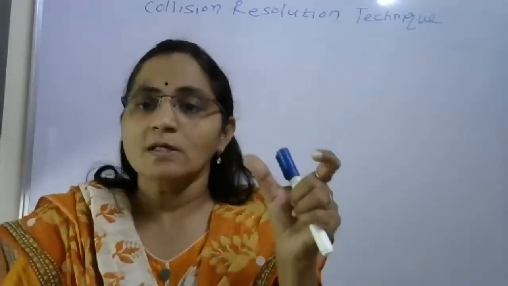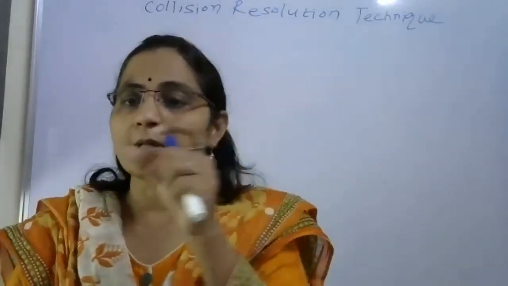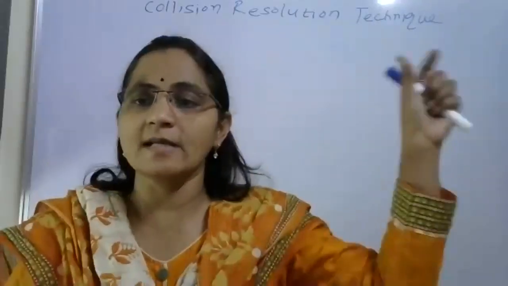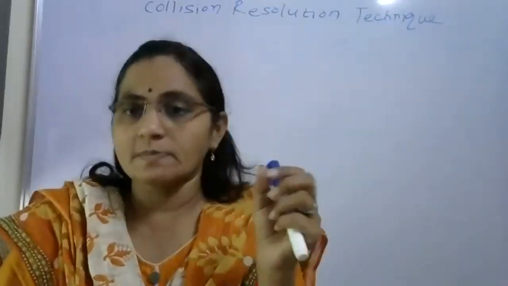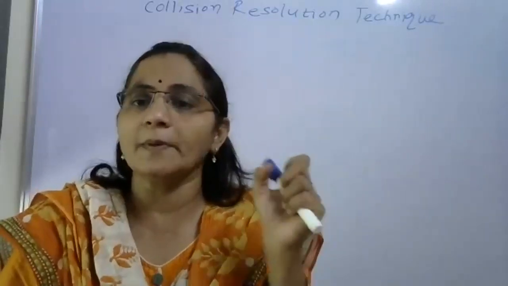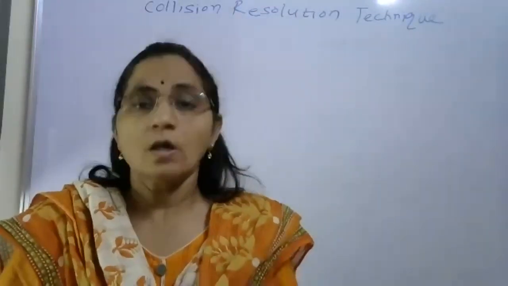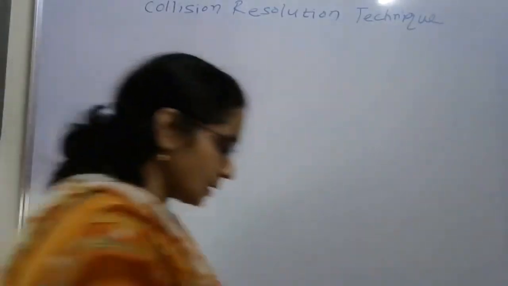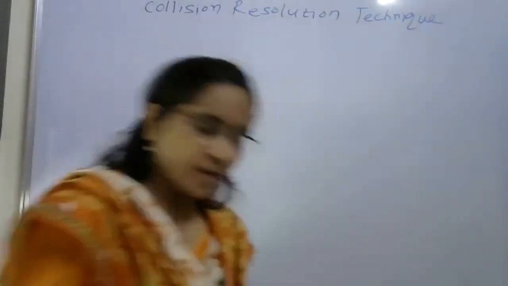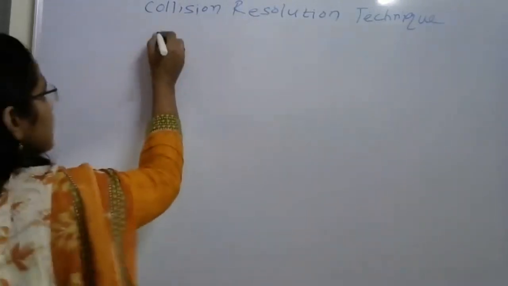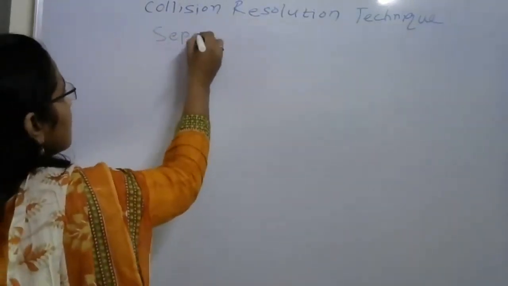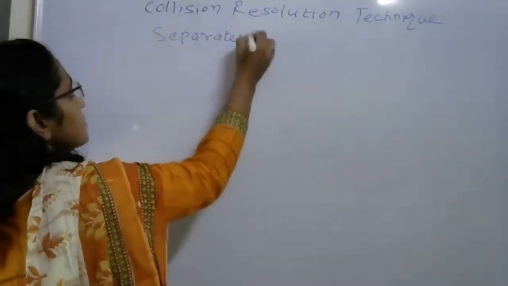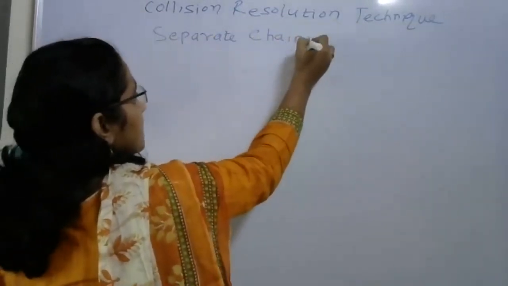Clustering means groups, just like A1, A2, A3, then Z, ZA. Like that, clusters form, and it also becomes very difficult to delete elements. So these are the drawbacks of the linear probing method. To overcome these drawbacks, we have another method, called the separate chaining method.